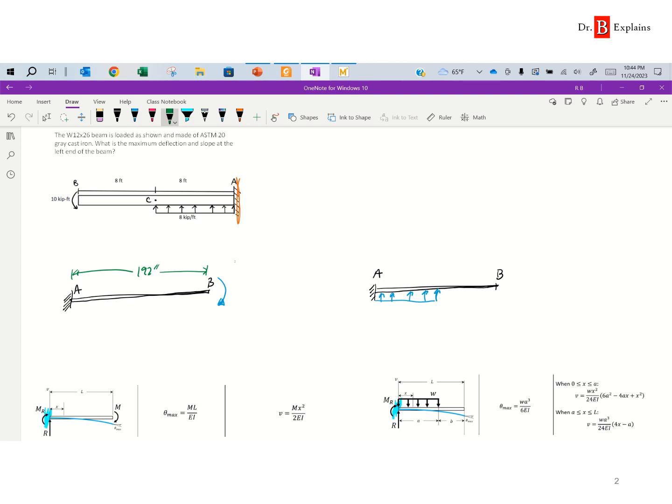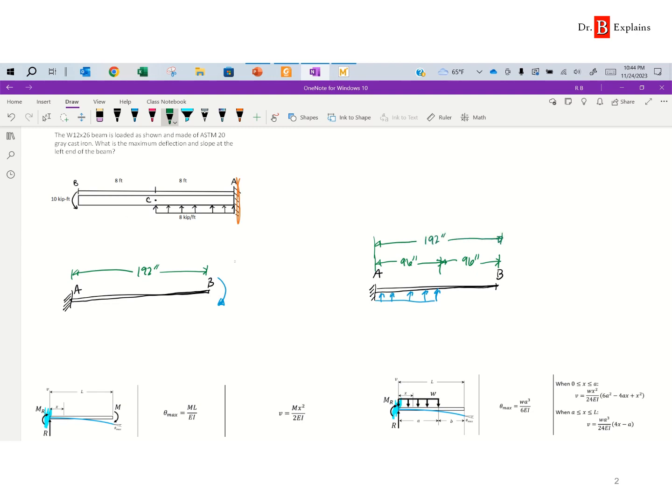And for the distributed load, what is 8 feet? 8 times 12 is 96. So this distance is 96 inches. From the end of the distributed load to the other end of the beam is another 96 inches. And again, the total dimension would be 192 inches.